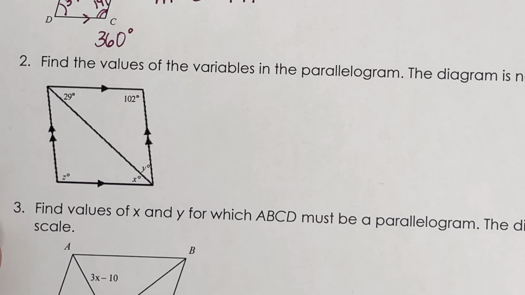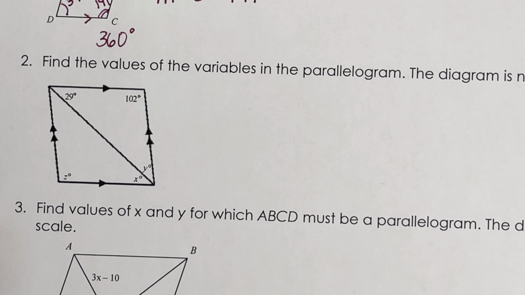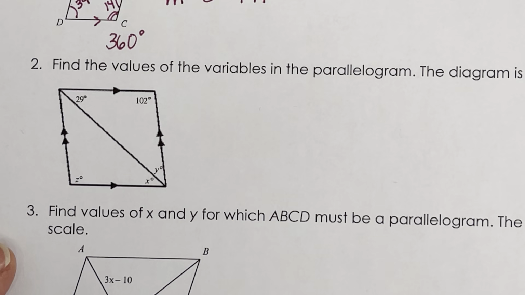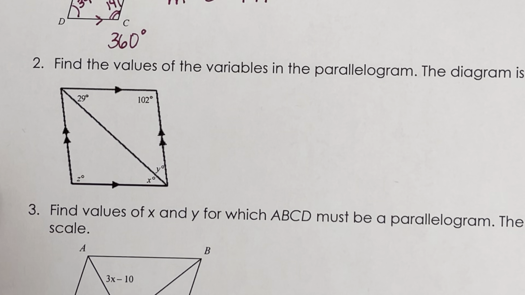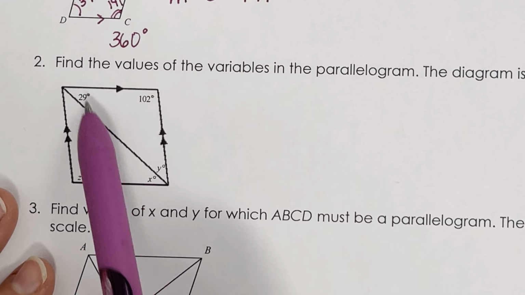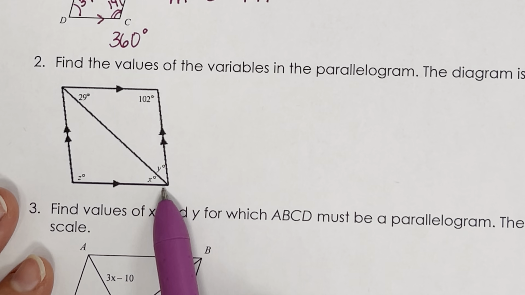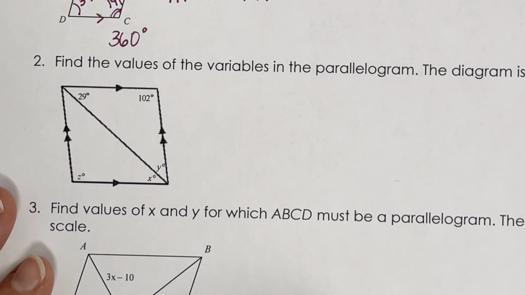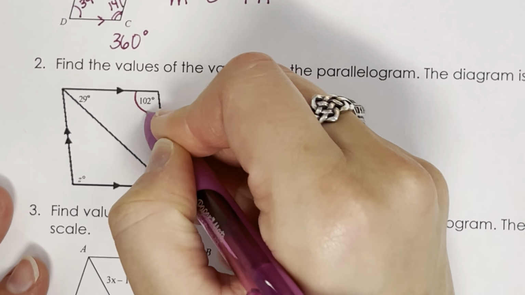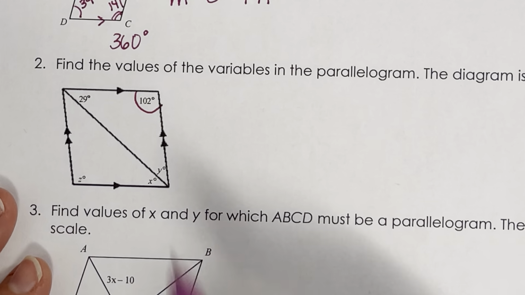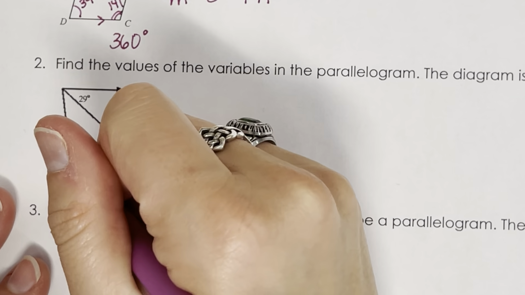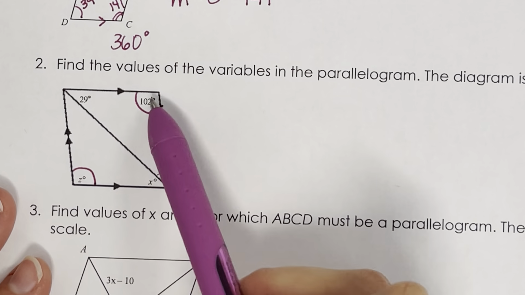Number 2. Find the values of the variables in the parallelogram. The diagram is not to scale. Again, a parallelogram means that angles that are opposite each other or diagonal from each other should be congruent. So I already see that angle 102 right here is diagonal from angle Z. These two should be congruent.